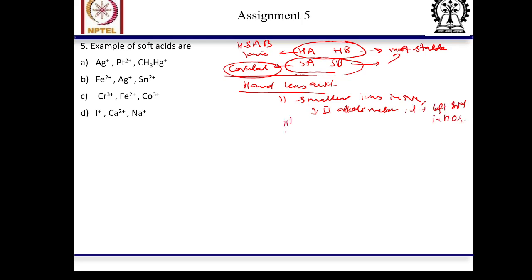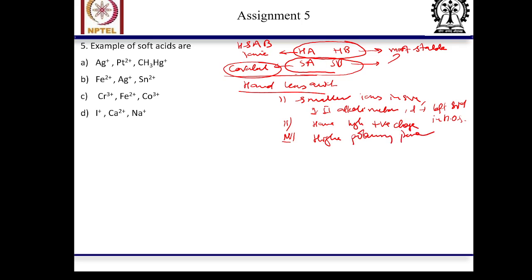So they have a smaller size, and high positive charge, that is the second property. The third thing is that they have high polarizing power. So these are the three properties of a hard Lewis acid.